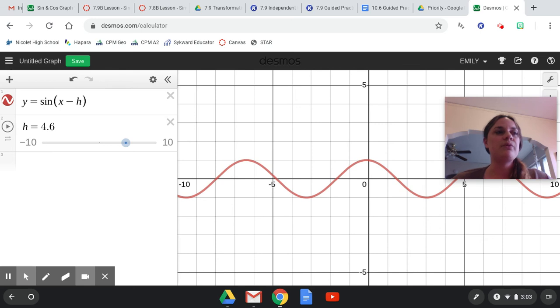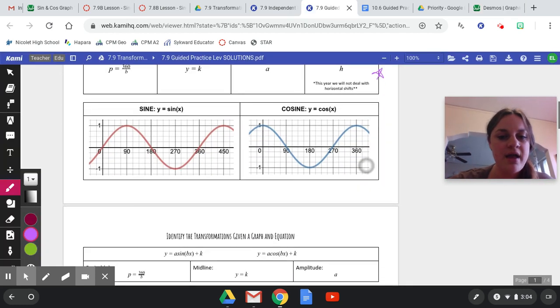So the reason we are not talking about horizontal shifts left and right is because it can get a little bit confusing. A sine graph can look like a cosine graph, depending on if it's shifted left or right. So moving forward, we're not going to talk about that H horizontal shift. You will talk about that in pre-calc, though.